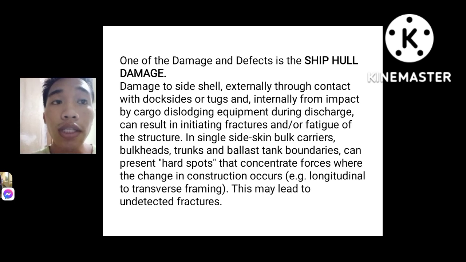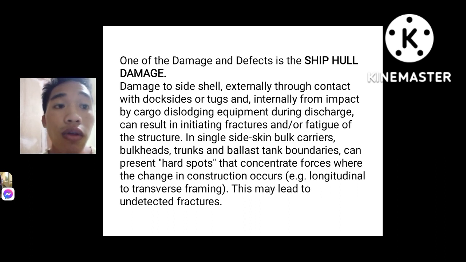One of the damage and defects is the ship hull damage. Damage to the side shell externally through contact with dock sides or tugs, and internally from impact by cargo dislodging equipment during discharge, can result in initiating fractures and/or fatigue of the structure.